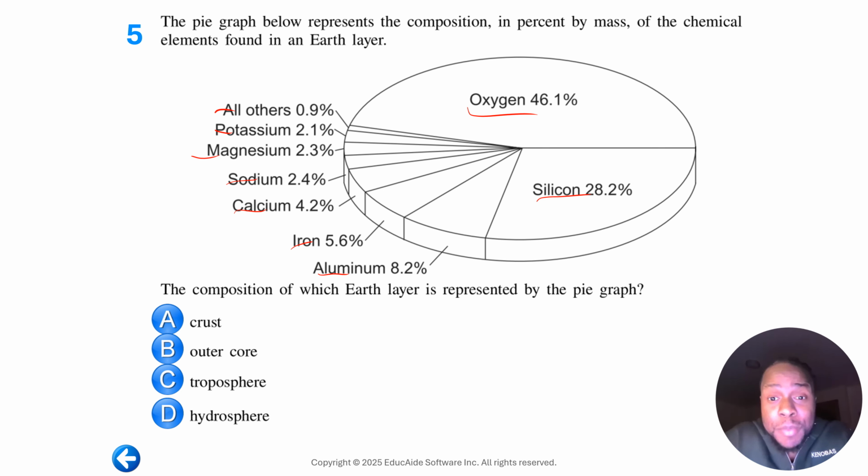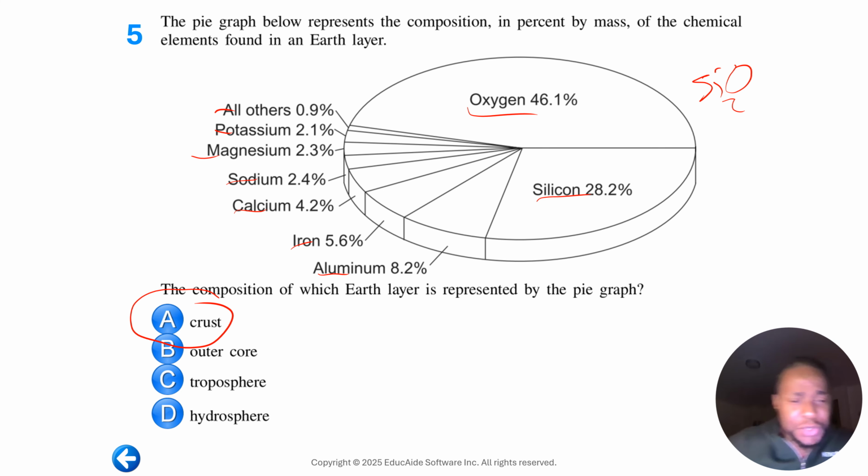Well, it's mainly oxygen and silicon, and that is our silicates, right? And we said it is the earth crust that is mainly made up of silicates. The inner core and outer core are made up of iron and nickel, so our answer here definitely should be the earth crust. The outer core we said is iron and nickel.